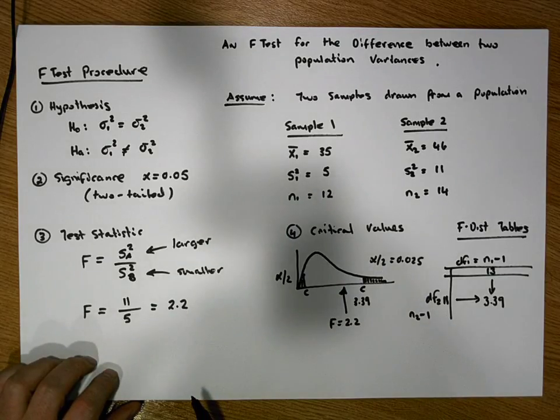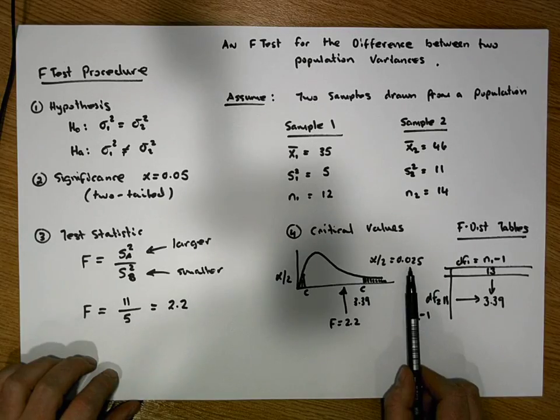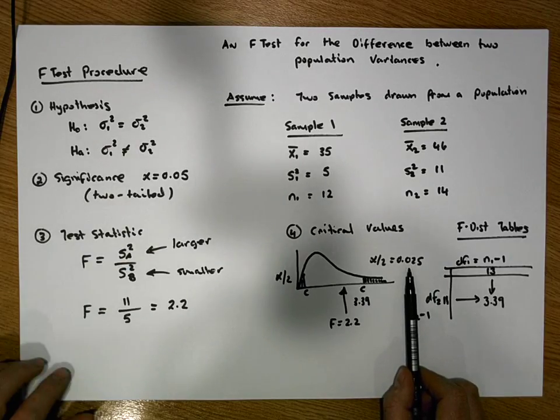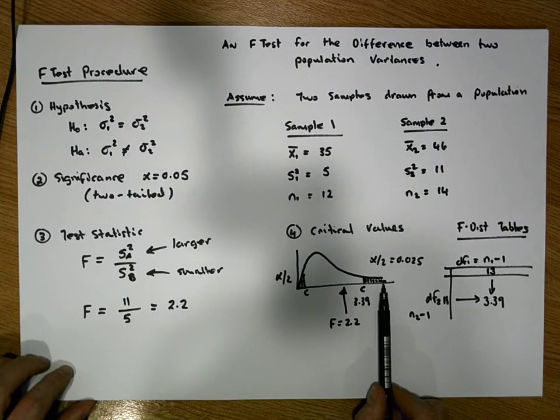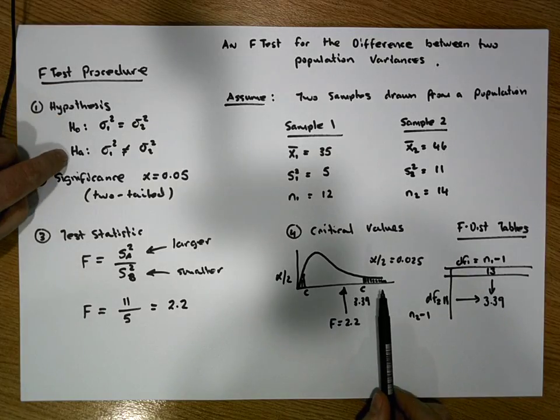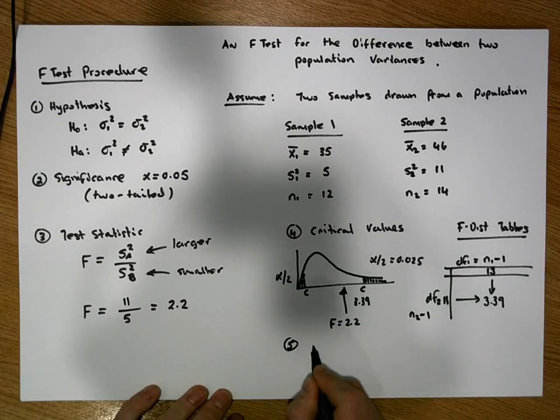Our cutoff point is 3.39, so anything greater than 3.39 has at most a probability of 0.025 of occurring if the null hypothesis is true. Our F statistic doesn't fall into our rejection region, so there's insufficient evidence to reject the null hypothesis in favour of the alternative. So step 5 is our decision.